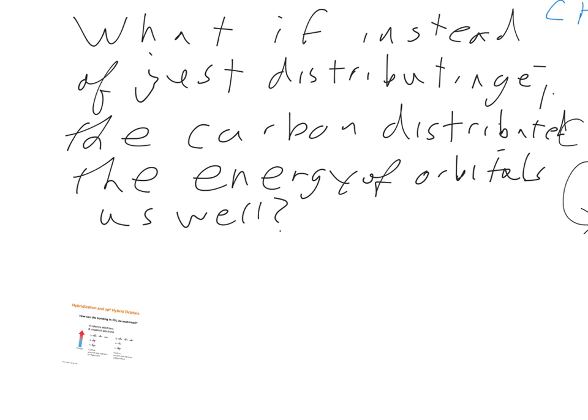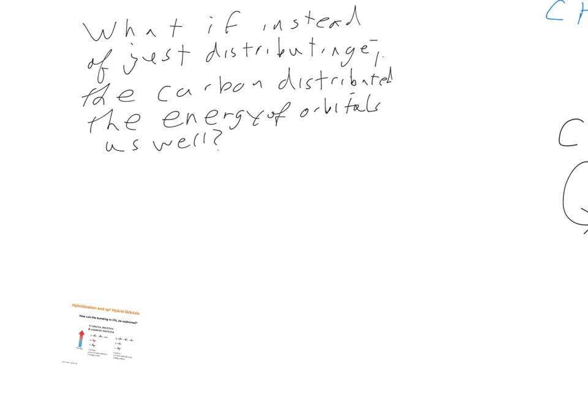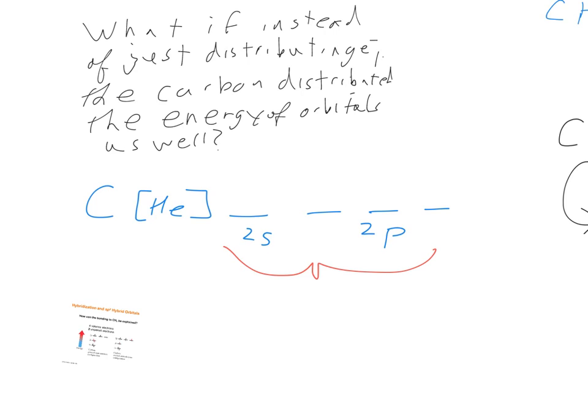Ah, now we're on to something. So what carbon does is it says, I have 3 orbitals of high energy and 1 orbital of lower energy. I'm going to take these orbitals and merge them together and average out their energies and come up with 4 orbitals of equal energy.